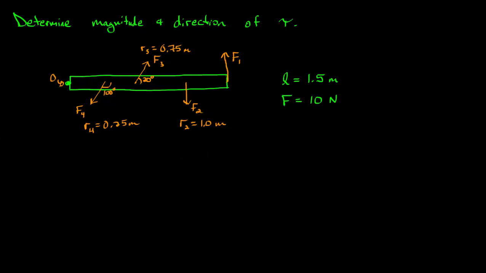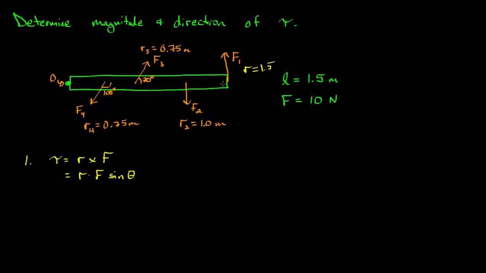Okay, so number 1 is force 1. The force is applied perpendicular at the end of the rod. So the R here is going to be the 1.5. And then torque is going to be R cross F. The cross product is R times F sine theta.